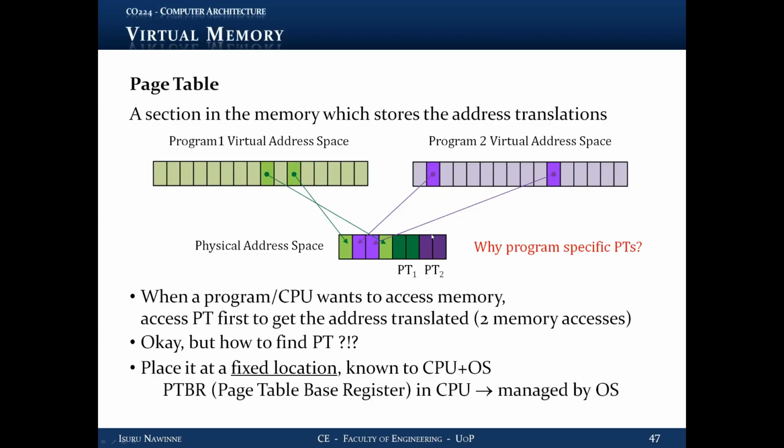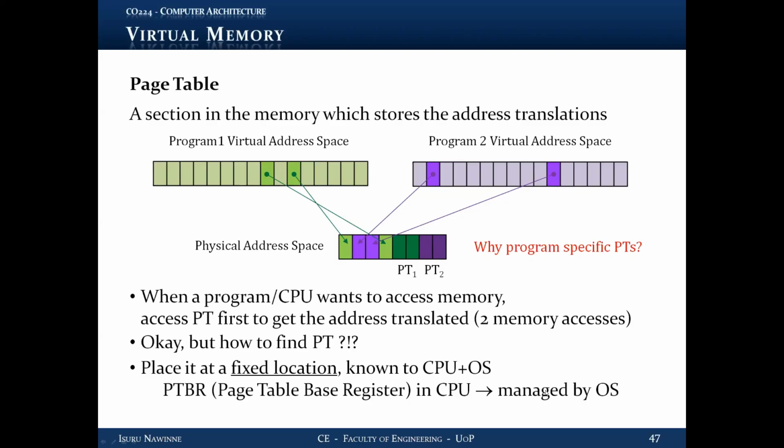The solution to that is, when we say multiple programs are running at the same time, at any given instance, the CPU only executes an instruction from only one program, right? So when that program is active, PTBR should contain the base address of the page table for that program. Whenever the CPU moves to a different program, the page table base register should be updated, right?